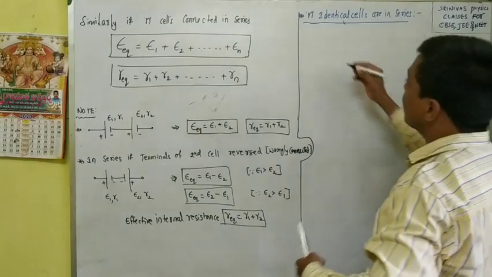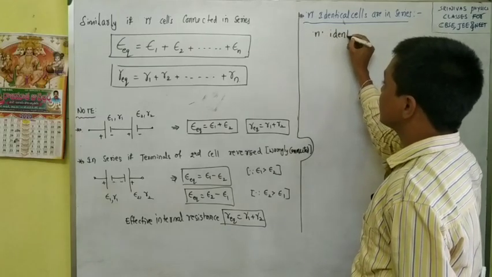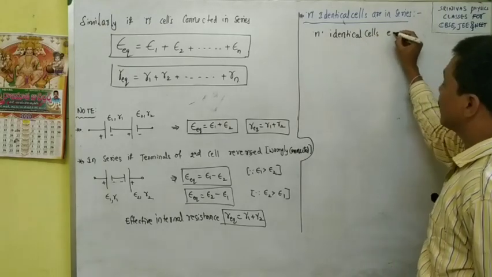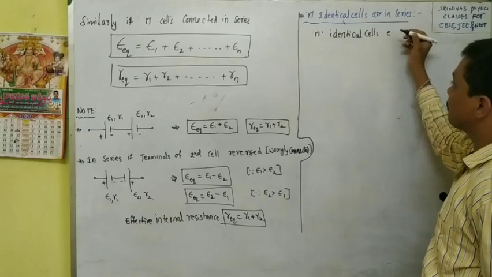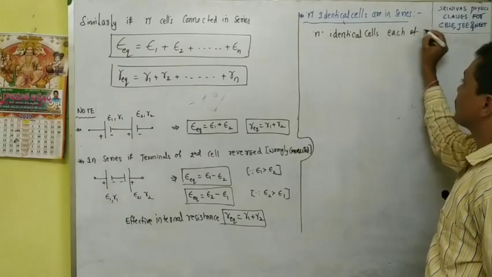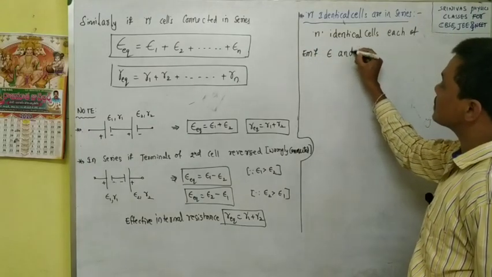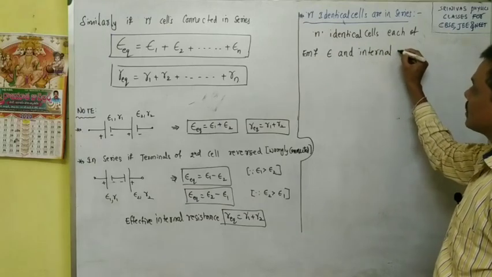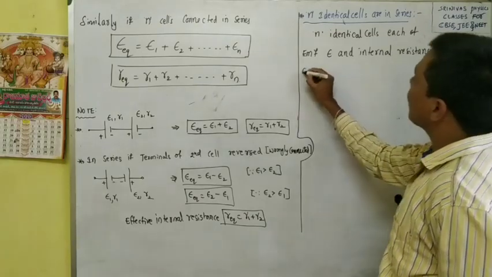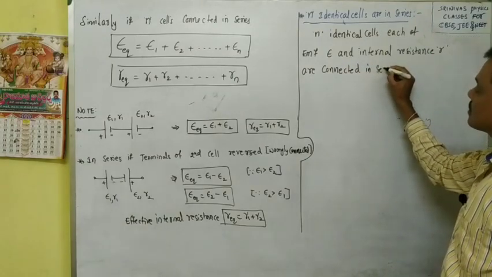Look at here, there are n identical cells, each of EMF epsilon and internal resistance small r, connected in series.